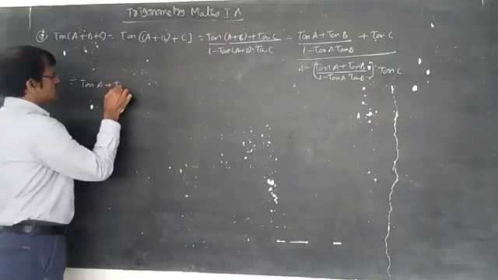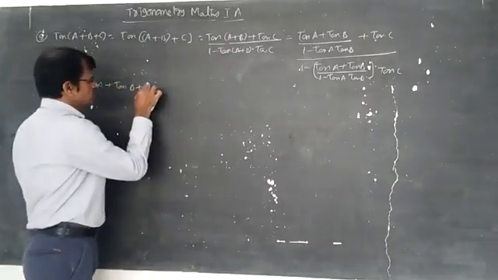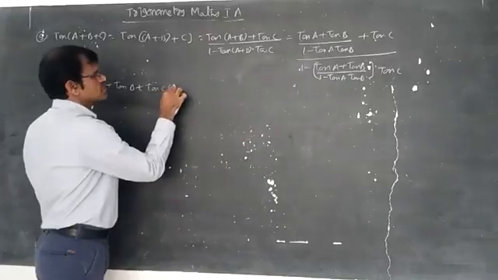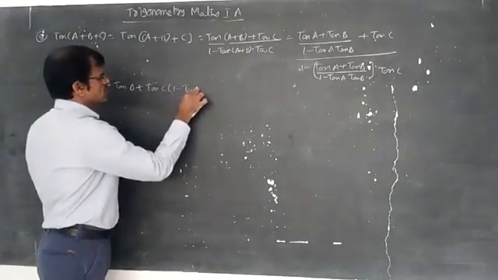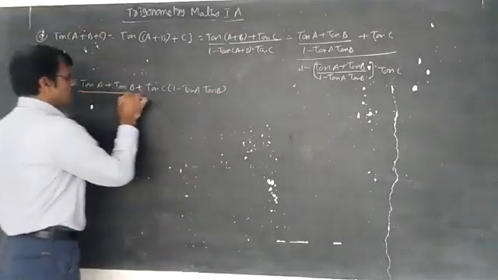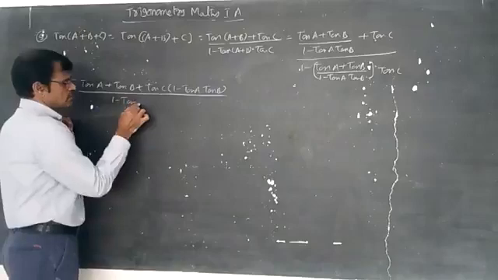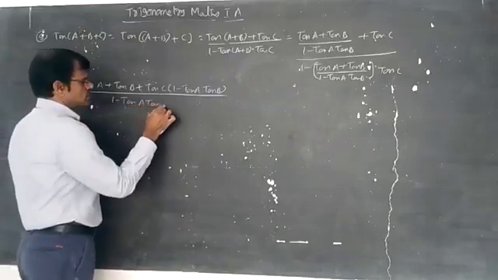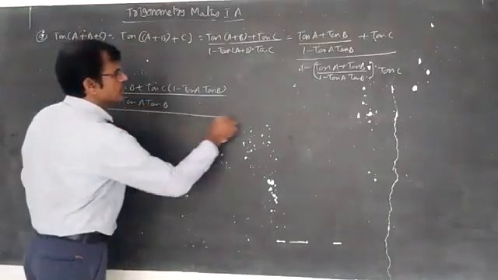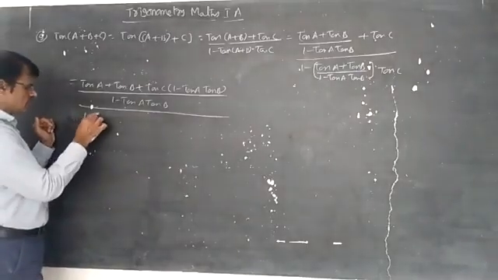Tan A plus tan B, minus, not minus, it is plus, tan C into 1 minus tan A tan B, whole by 1 minus tan A tan B, and in the denominator take LCM here, 1 minus tan A tan B.